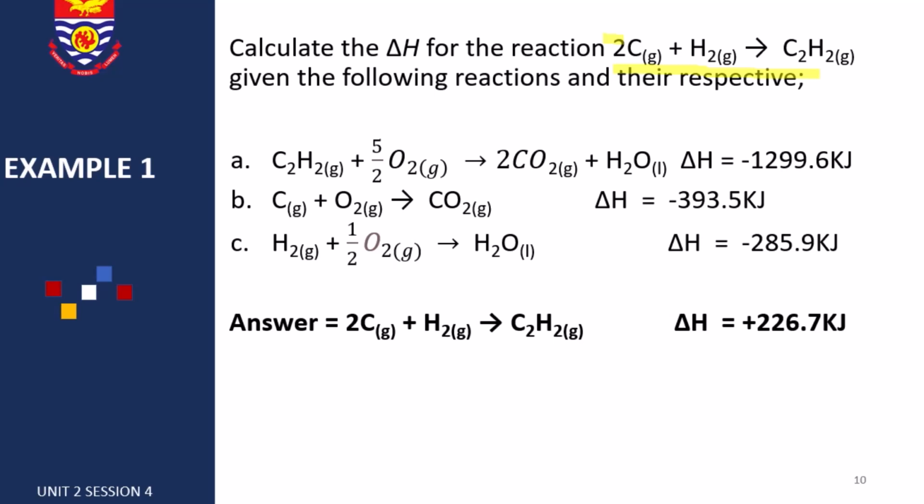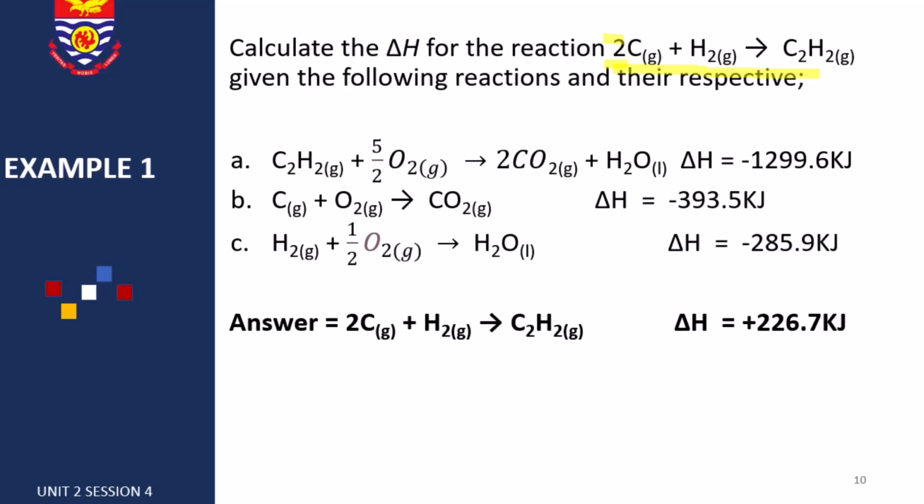So at the end of the day, we are going to reverse this equation, and then we are going to maintain B and C. When you do that, then we are going to cancel out the unnecessary items such as oxygen. So oxygen will cancel oxygen.